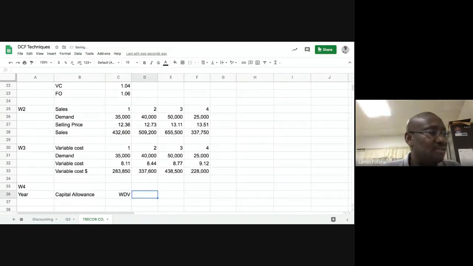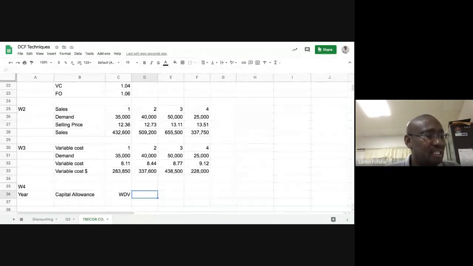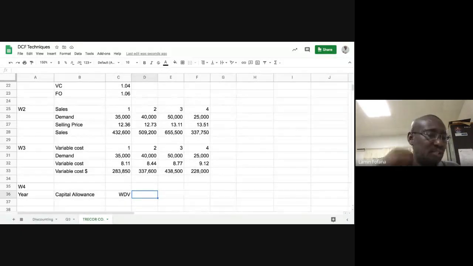The written down value is what remains if you deduct the capital allowance for every year, the same as the net book value of the asset every year. The taxman calls it written down value. So we have the capital allowance, we have the WDV, and then we have our tax benefit.